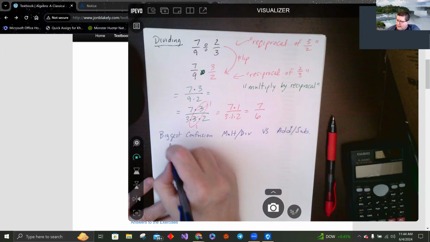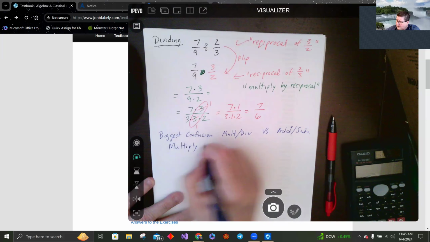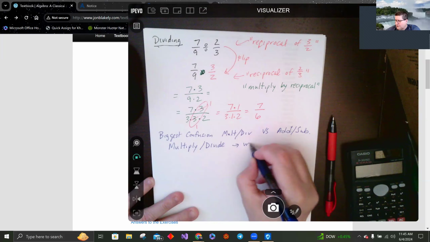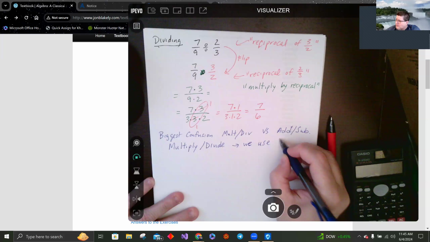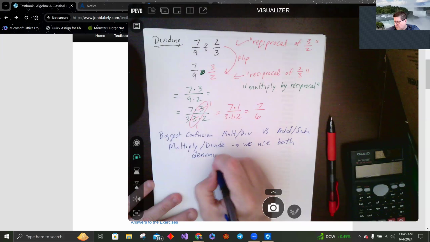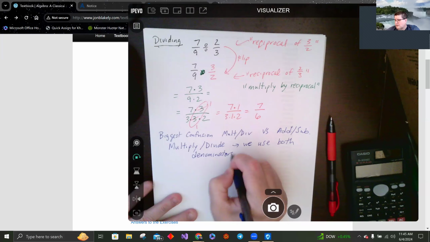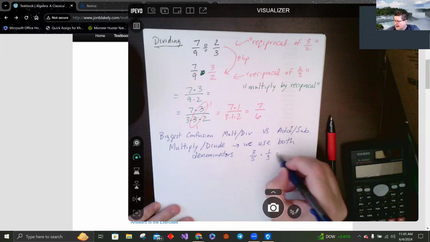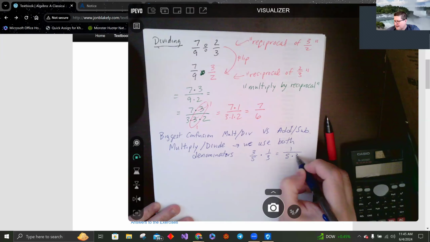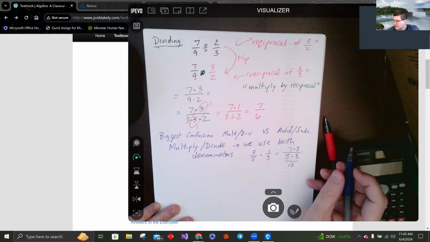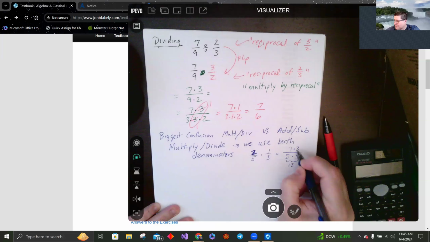With multiply and divide, we use both denominators in our answer, so I had 3/5 times 1/3. I have 5 times 3 is 15 on bottom. Let me change that to a 2. That way I don't reduce.